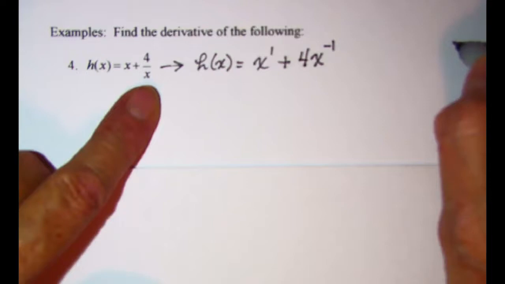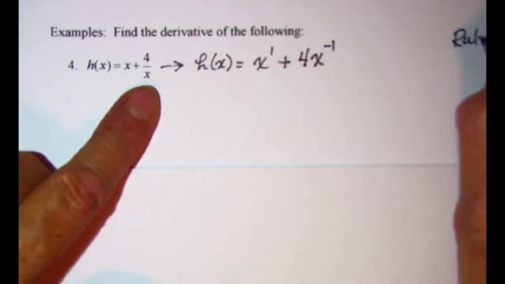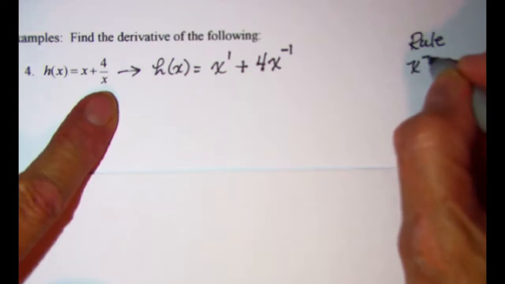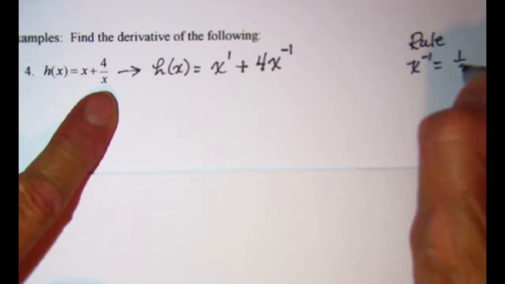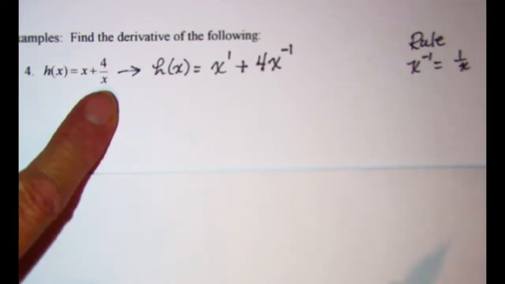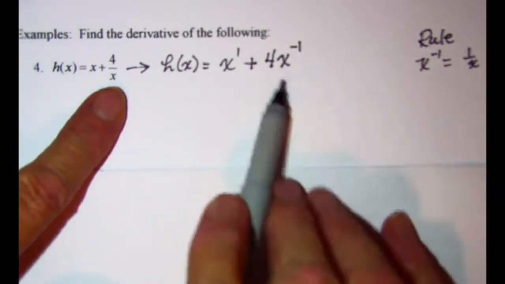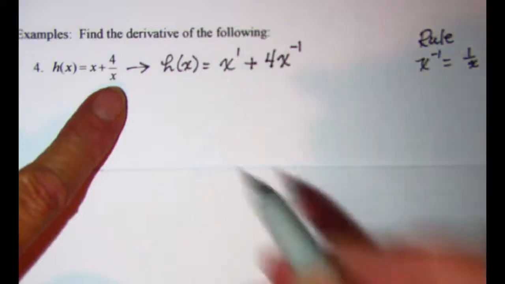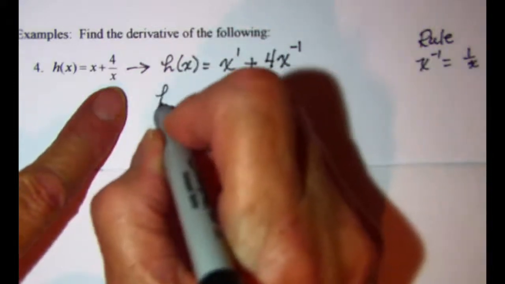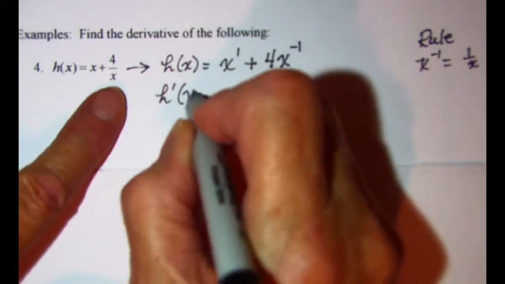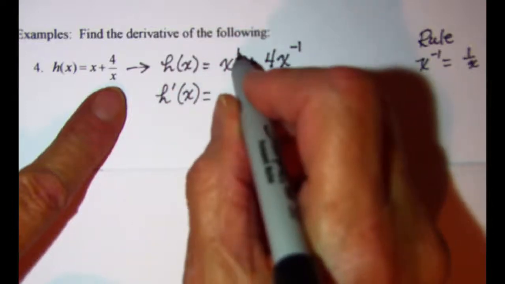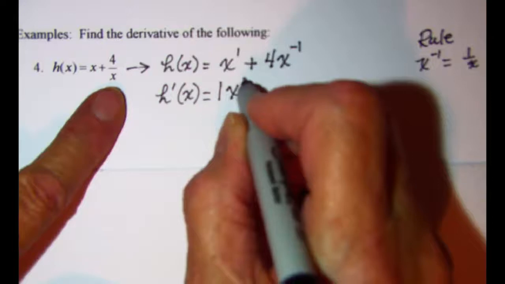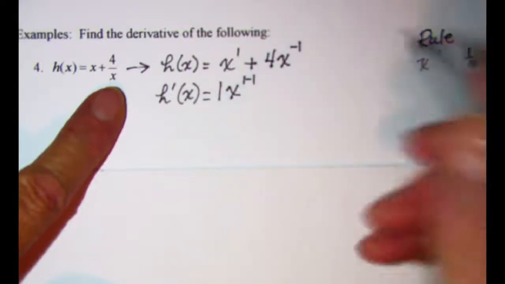The rule that we used on that one was x to the negative 1 equals 1 over x. Now both of these terms are written with exponents, and I can use my power rule. So my derivative is 1 multiplied by x to the 1 subtract 1.